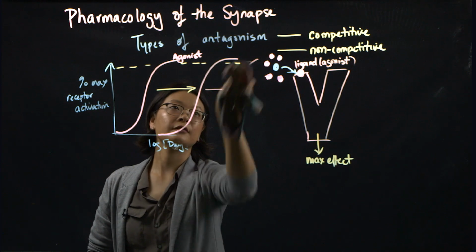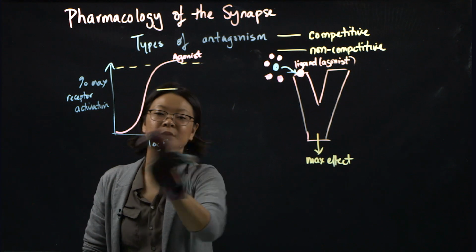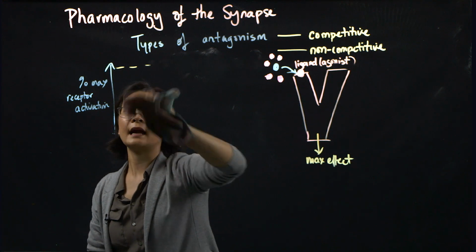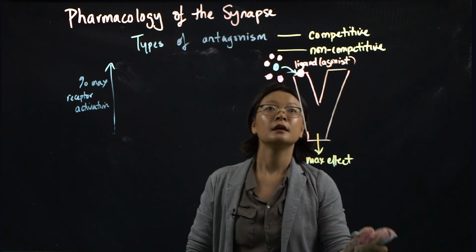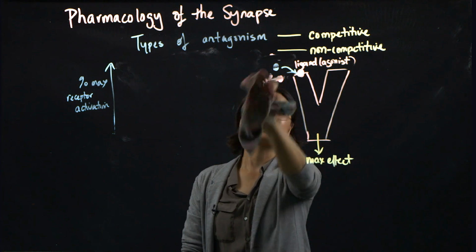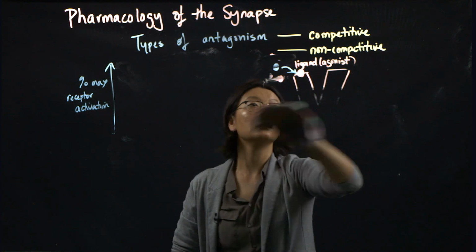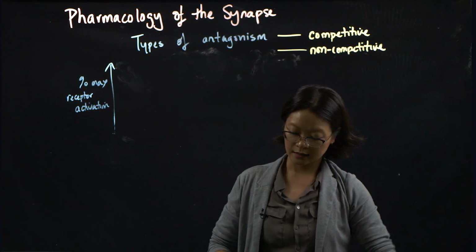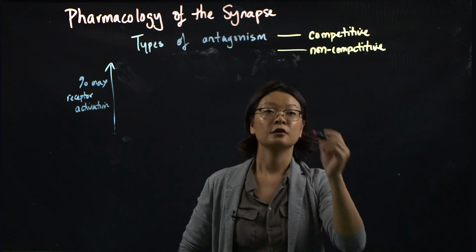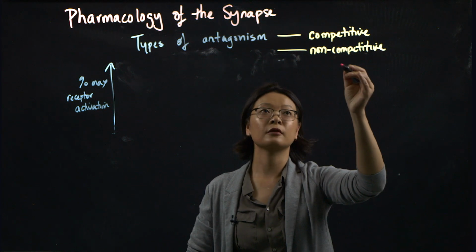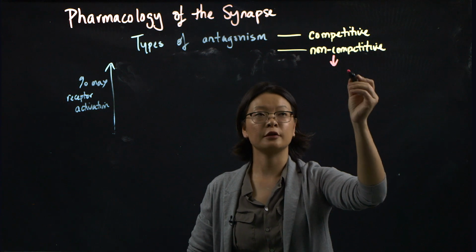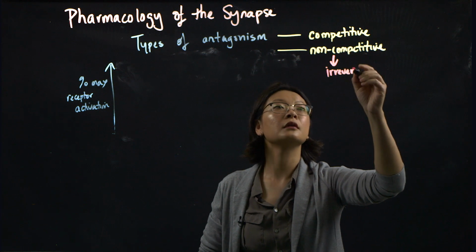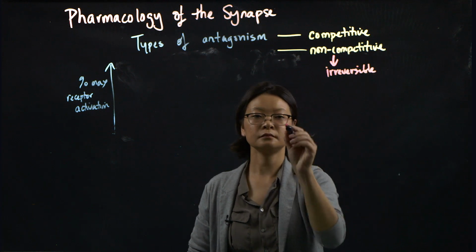What is a non-competitive antagonist? Well, simply put, it's an antagonist that doesn't compete for the agonist binding spot. So now, I'll just redraw this. Okay. So for a non-competitive antagonist, there are several kinds. The first one we're going to talk about is irreversible.